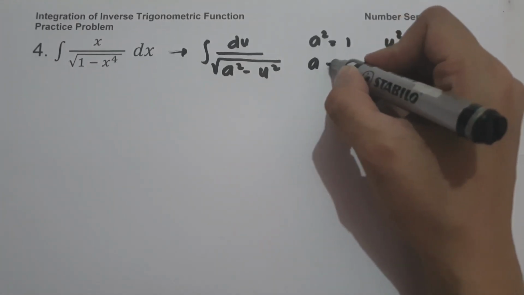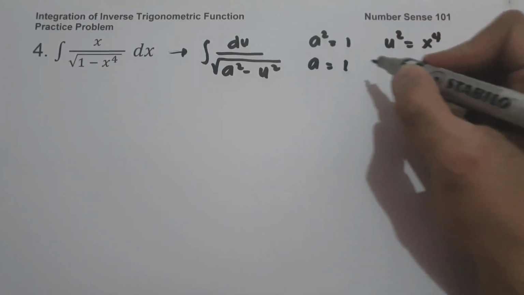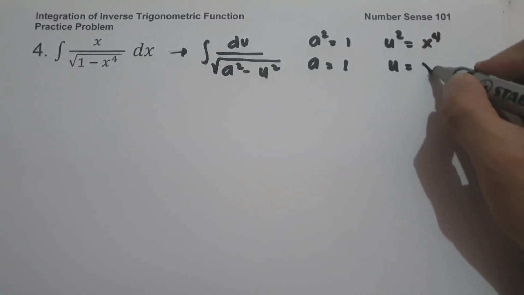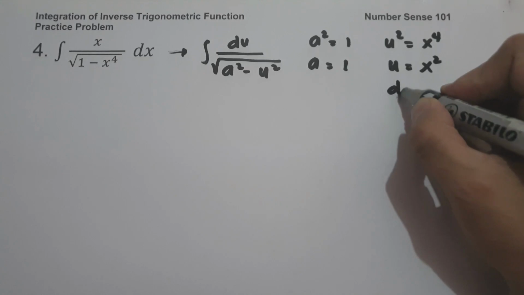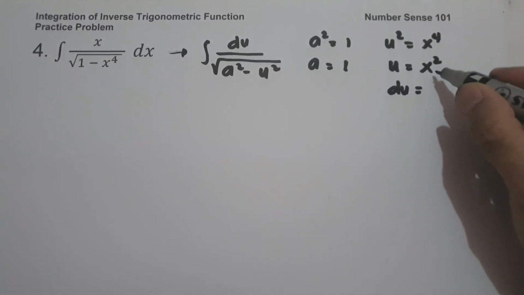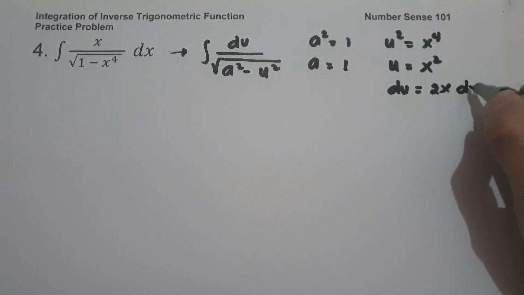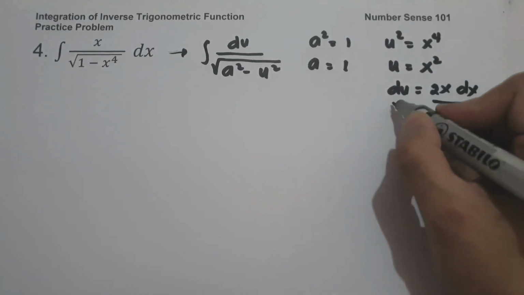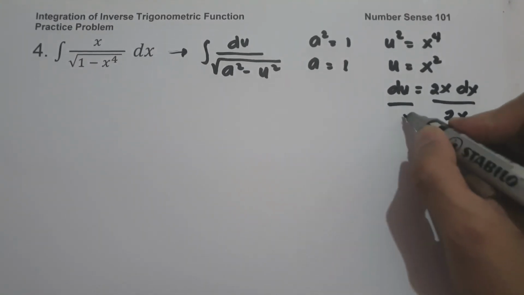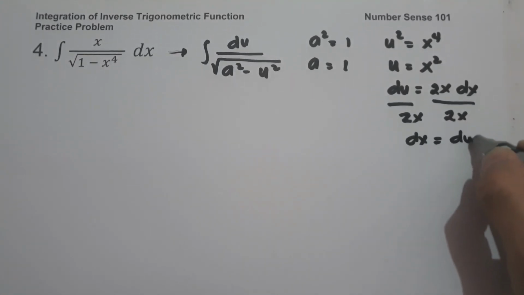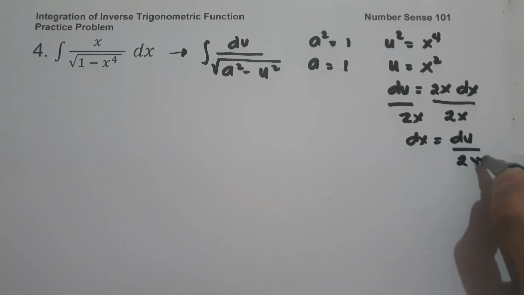And the value of a will be the square root of 1, that is 1, and u, that is the square root of x raised to 4, that is x squared. And then du, that is the derivative of x squared, that is 2x, and then dx. So let us divide both sides by 2x. Therefore, dx will be du over 2x.